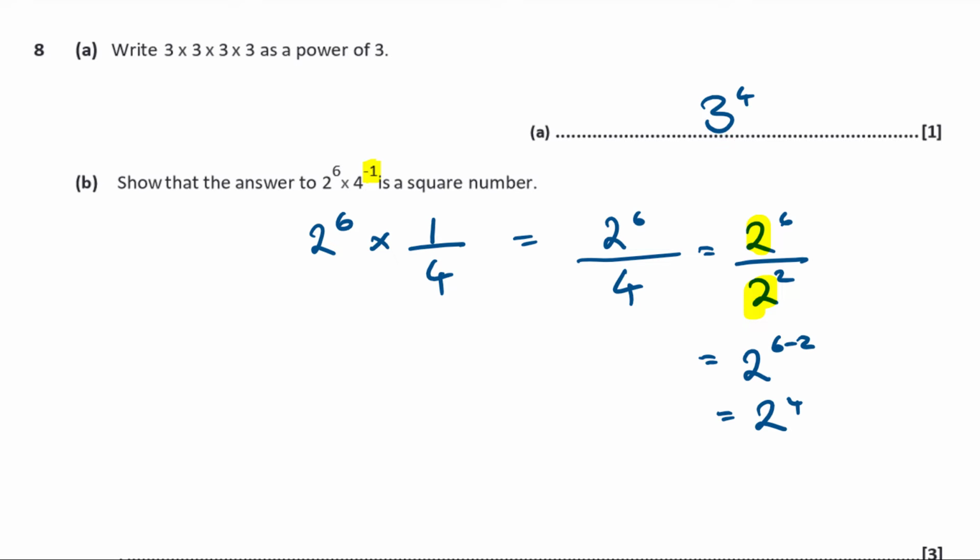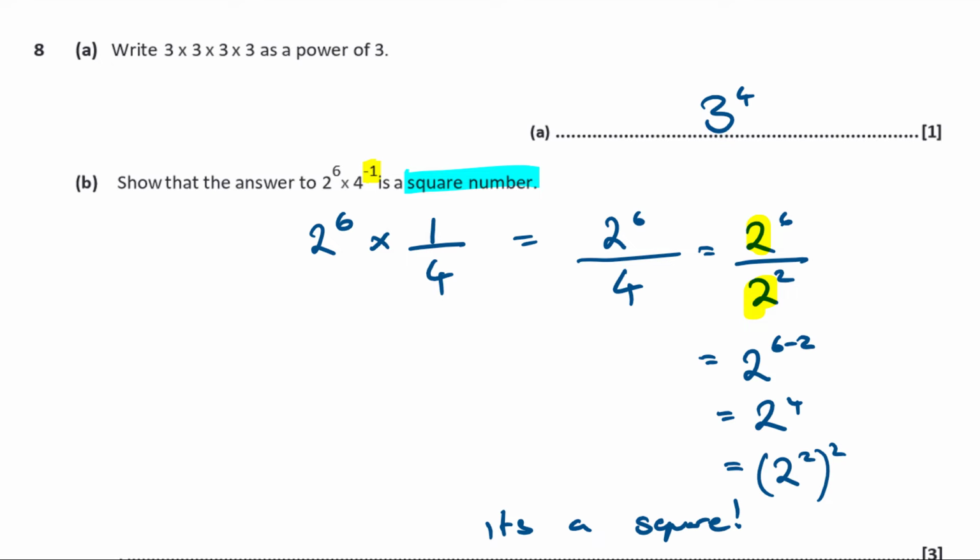Now we need to show that this is a square number. Well, we could say that 2 to the power of 4 is the same thing as 2 squared all squared, isn't it? Because when you've got an index of an index like this, it's like multiplying them together. So this is the same thing as 2 squared squared, and therefore it's a square number. So it's a square.